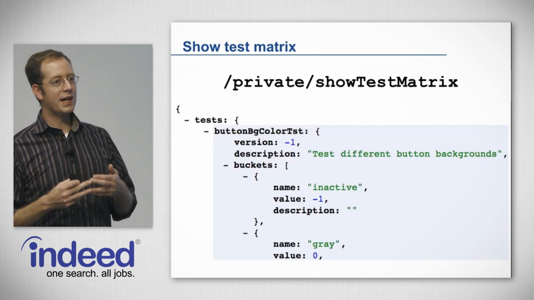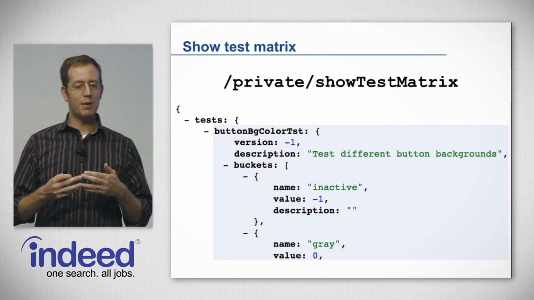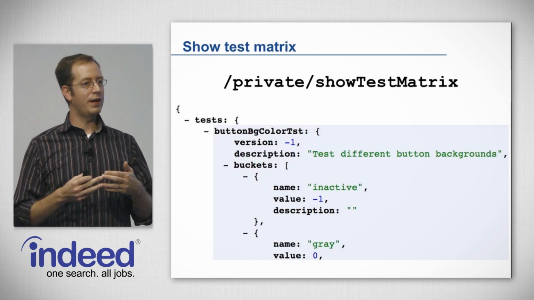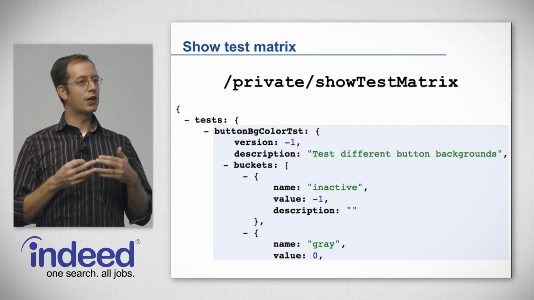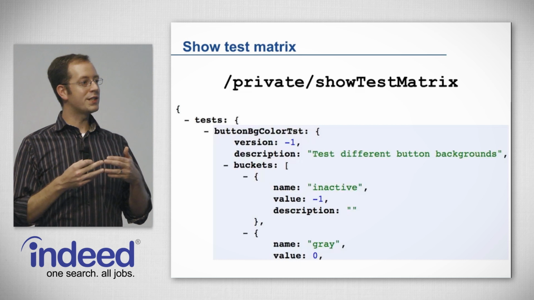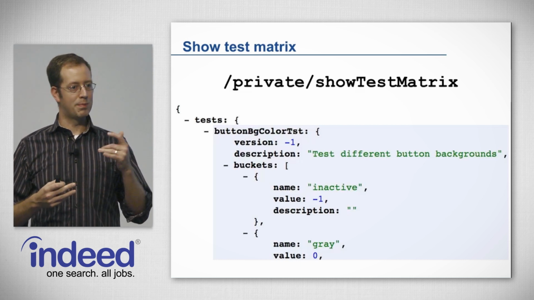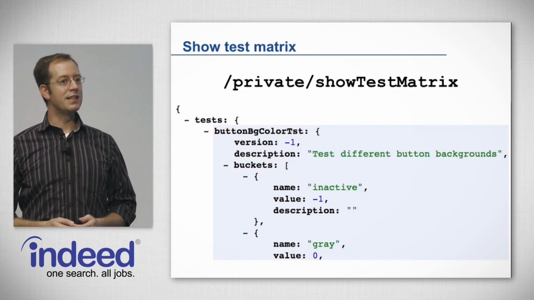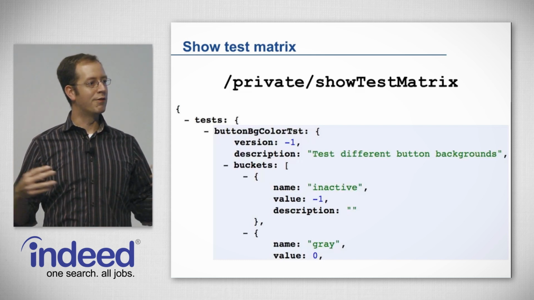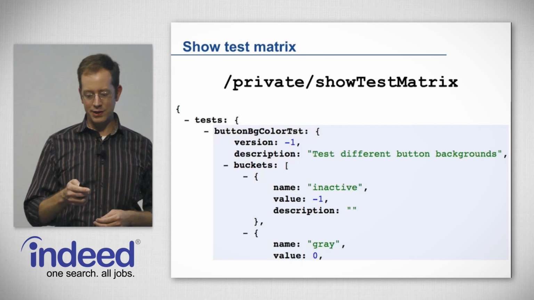And so the show test matrix is just a debug page available as part of the Proctor library that will show you the current test matrix, which tests this application knows about, what the state of those tests is, which buckets they have, et cetera. This is the very first time that we have pulled together and verified these two pieces of information.